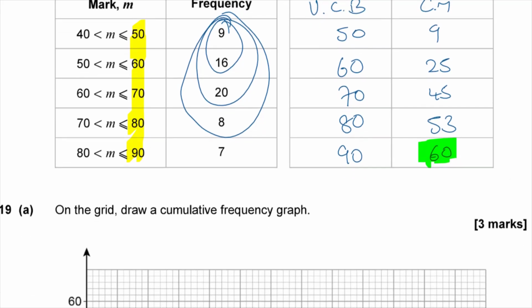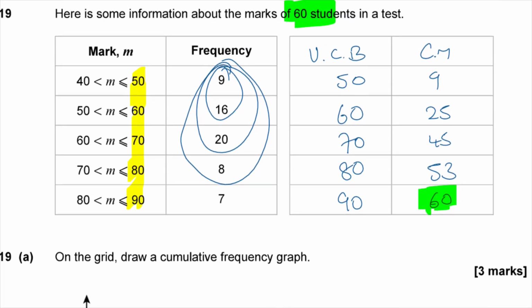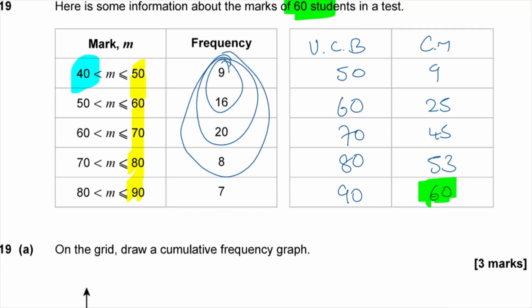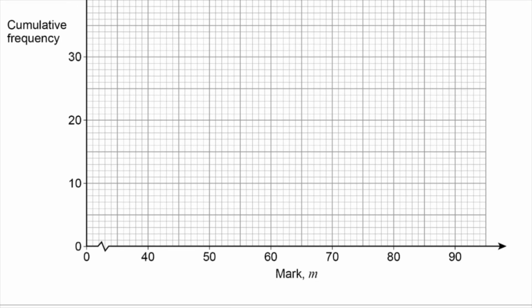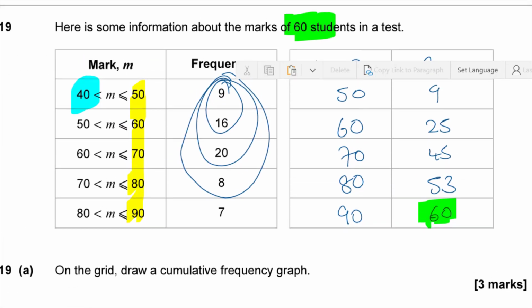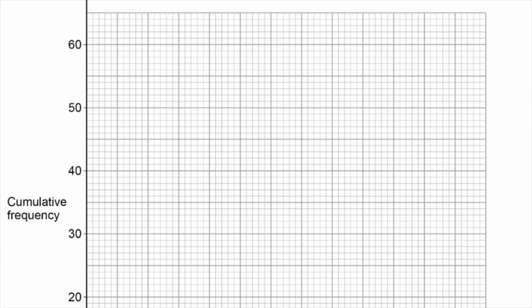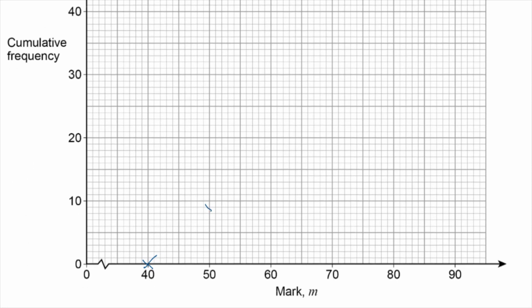Now it's just a matter of plotting. There's one other point I can plot. I can plot the lowest class bound here against 0. So my first point is going to be 40, 0. 40, 0 is going to be that point. My next points then are 50 against 9 and 60 against 25.